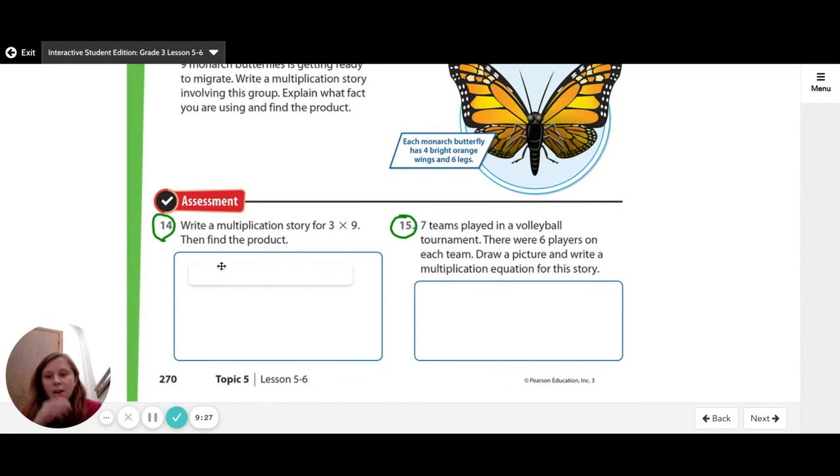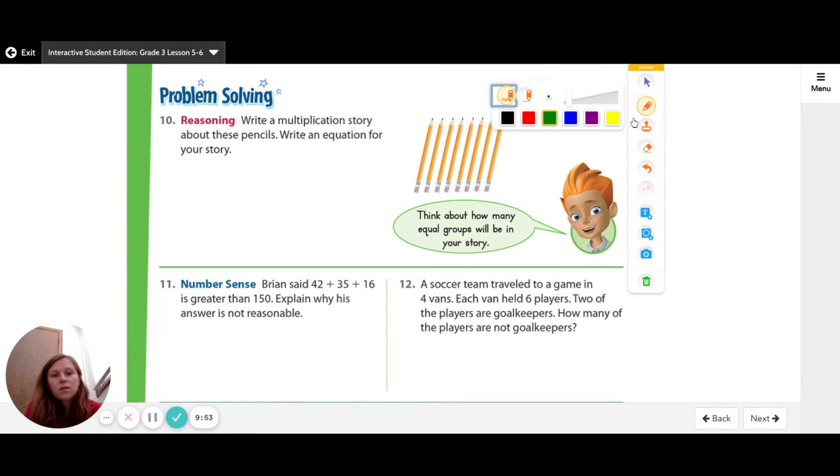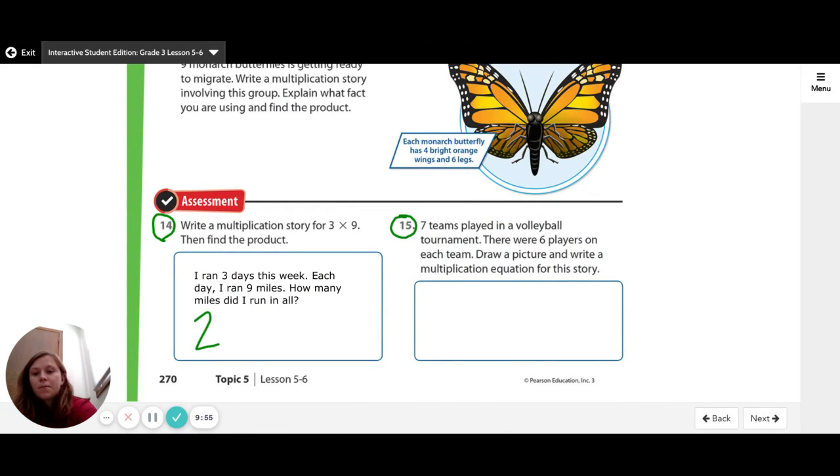I could say I ran 3 days this week. Each day I ran 9 miles. How many miles did I run in all? So I know I'm going to do 3 days times 9 per day. I know 3 times 9 is 27. My label would be miles.